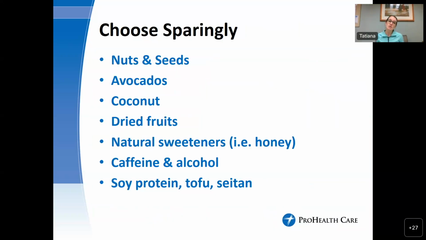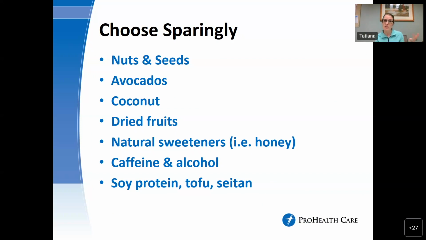So when we say choose these sparingly, the top 5 especially, nuts and seeds, avocados, coconut, dried fruits, and then your natural sweeteners such as honey, this is really from a weight loss perspective, knowing that those foods are going to inherently provide you more calories than something like a serving of fruits or vegetables, or if you're doing your leafy greens, or your beans for your protein sources.